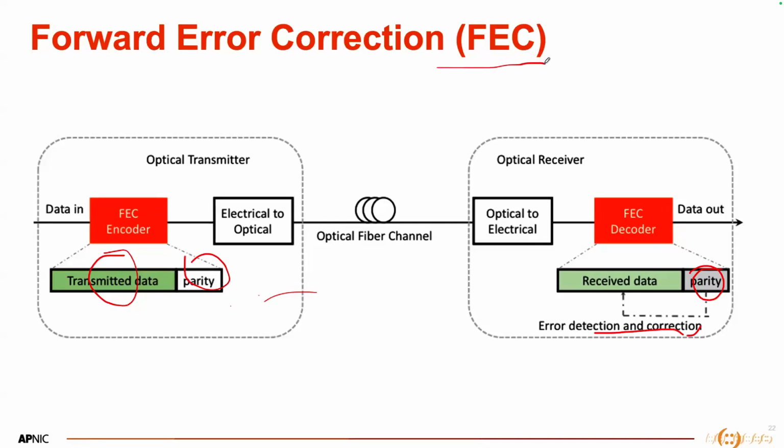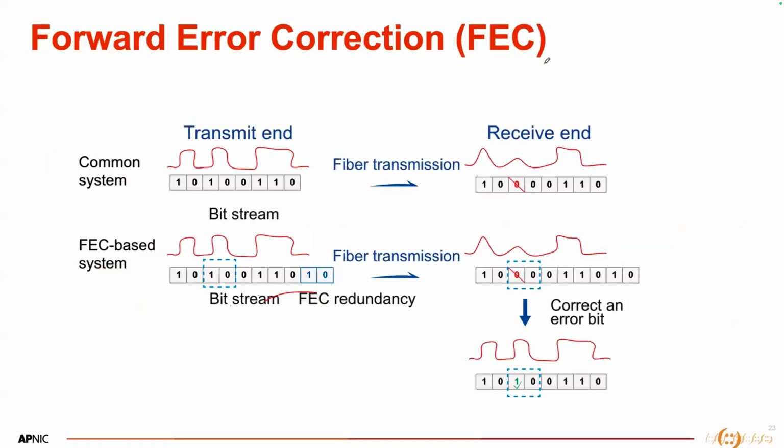Now you can ask, how is it done? As you can see in this diagram, if we do not use any kind of FEC, at the transmitting end we send 101001110, but at the receiving end we have received 100.